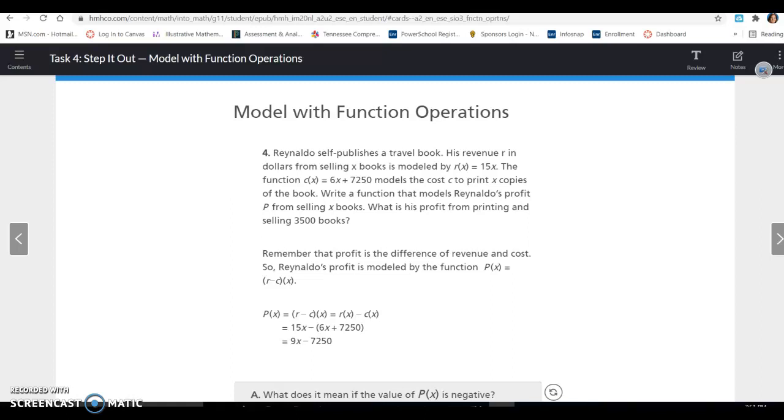So Renardo's profit is modeled by the function P of x equals R of x minus C of x, so revenue minus cost. That would be 15x minus (6x plus 7,250), from the R of x and C of x given above.